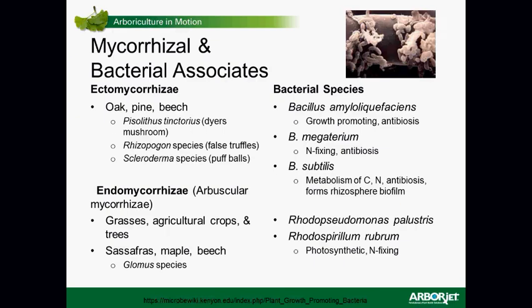So we talked a little bit about the anatomy and physiology of trees, and trees don't live alone. They have both mycorrhizal and bacterial associates. Some of the ectomycorrhizae, on oaks and pines, are actually obligate. They rely on ectomycorrhizae for good growth.